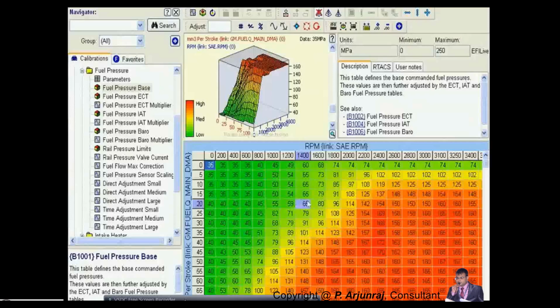Accordingly, you can find out whether this requirement is within the specification or not. If it is not within the specification, then you can find out some of the fine tuning activities, how you can correct the underperformance of the engine, and accordingly you can take corrective actions as well. This basically helps you do the fine tuning with the help of the engine management system.